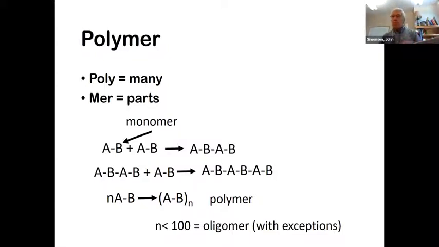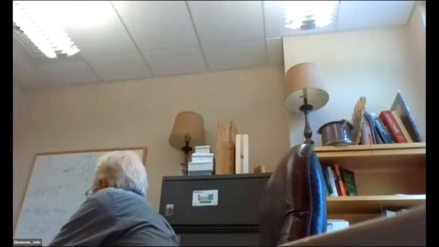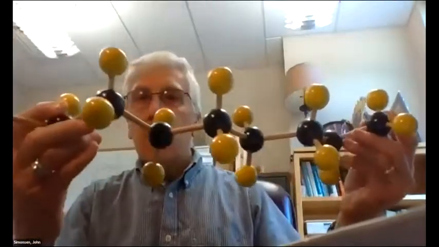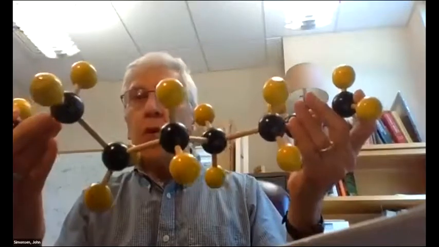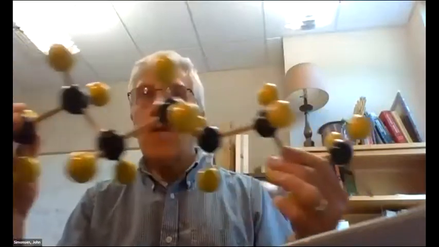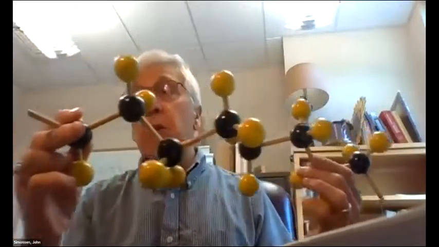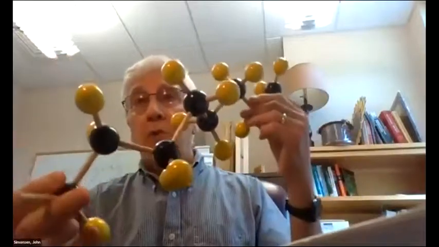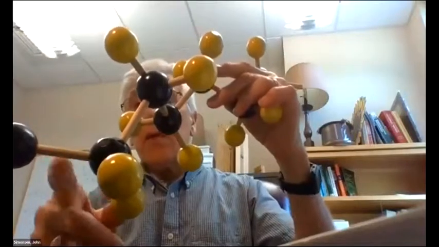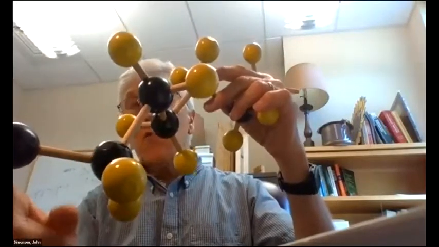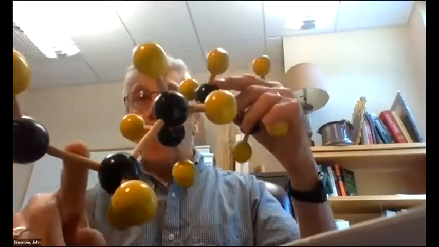And so for polyethylene, here's my model. The yellow balls here are hydrogens and the black are carbon, because that's the formula for polyethylene. Ethylene is CH2 double bond CH2. And you make polyethylene by taking the double bond and flipping it to the next ethylene. So this originally starts with a double bond.